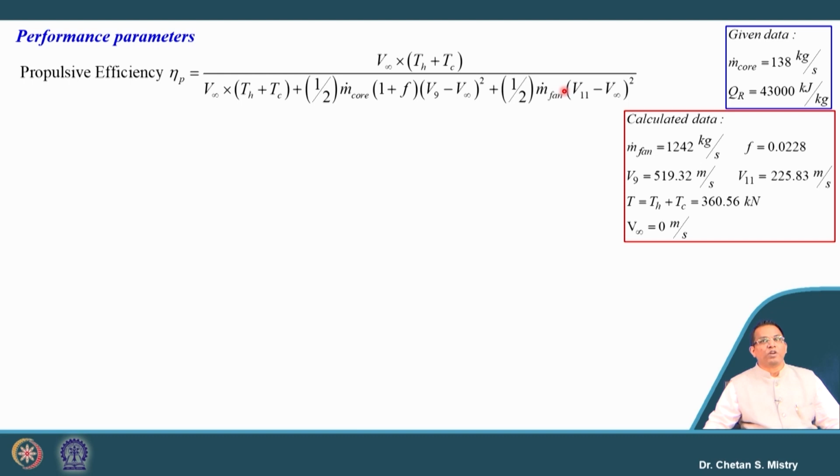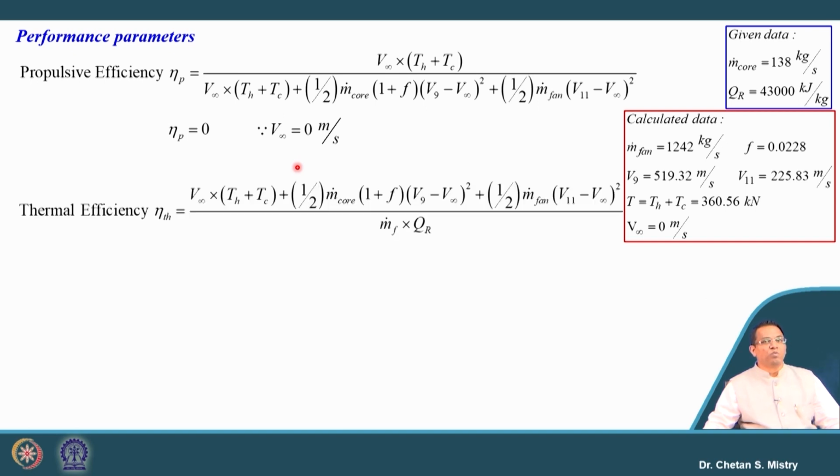In the same way, you need to put one more equation in terms of 1/2 mv square, that is for the fan. If we put it here, my V infinity is 0, and that is the reason our propulsive efficiency will go to 0.